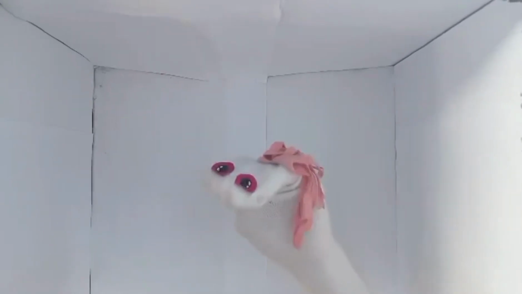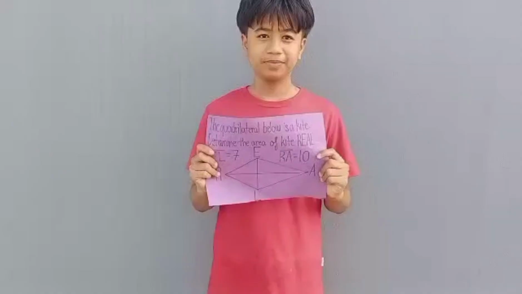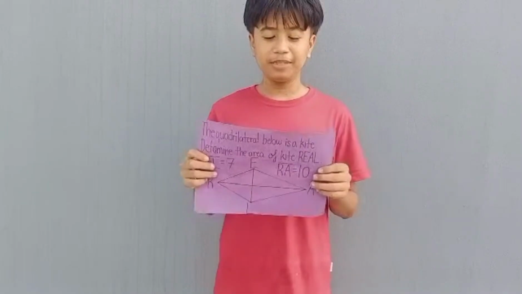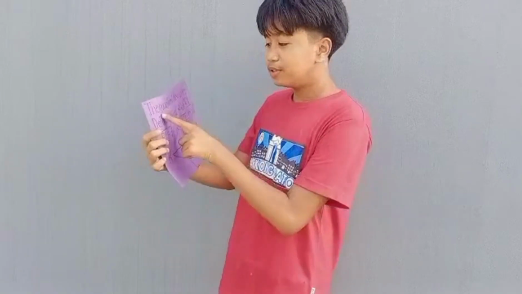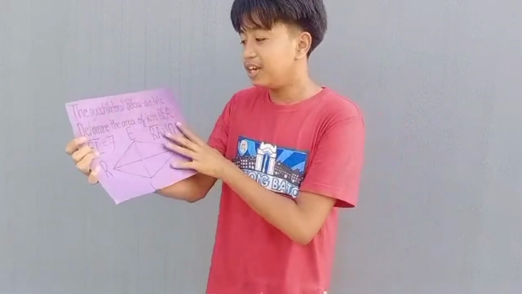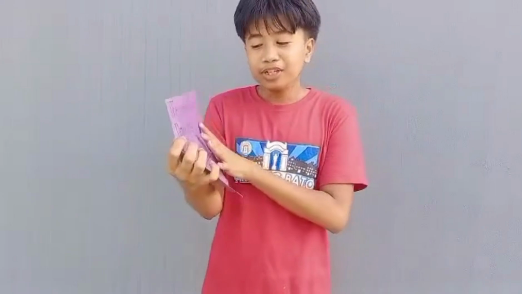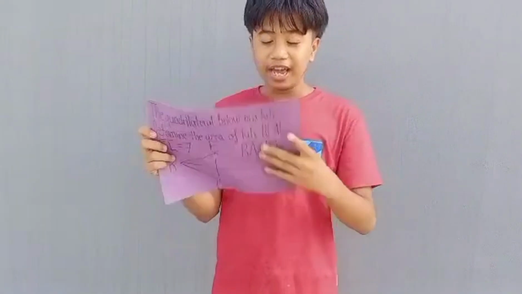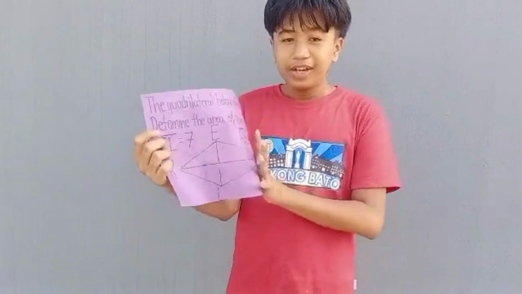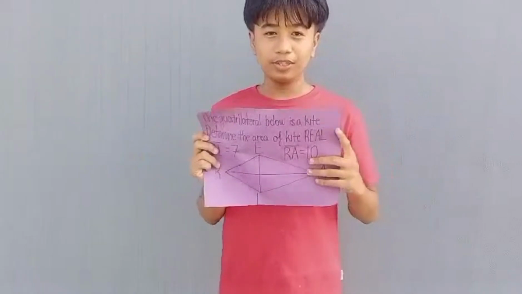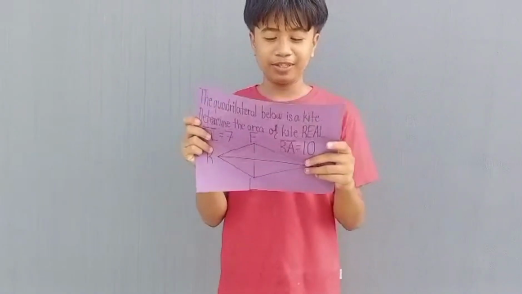And this is how you solve a problem in the quadrilateral kite. Good afternoon, everyone. My name is Nash Jairan Kapotolan, and now we are talking to you. The quadrilateral below is a kite. Determine the area of kite REAL. So first thing to do is to find the given of the kite, which is side EL equals 7 and side RA equals 10.